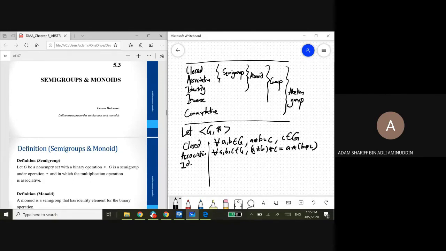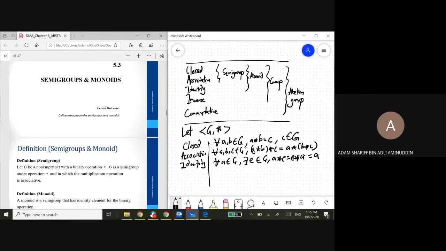Identity: for every element in G, there exists a unique identity, namely E, also in the same set G, such that it behaves this way. A*E equals E*A, you get back A. This is identity.